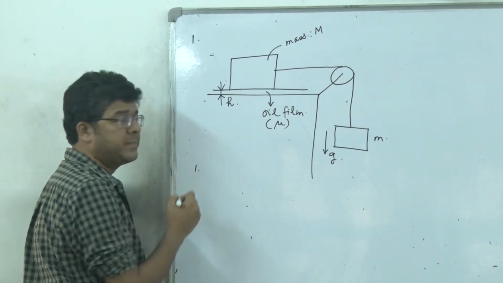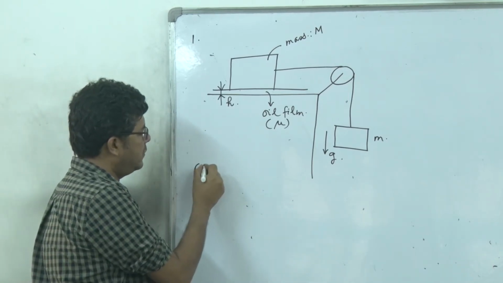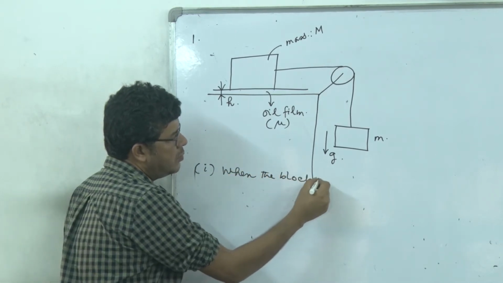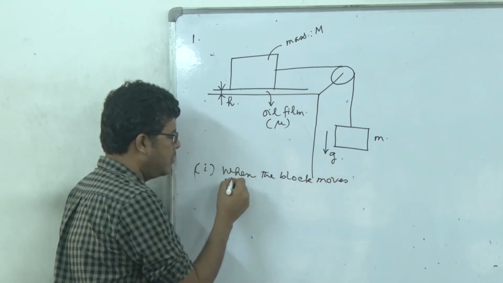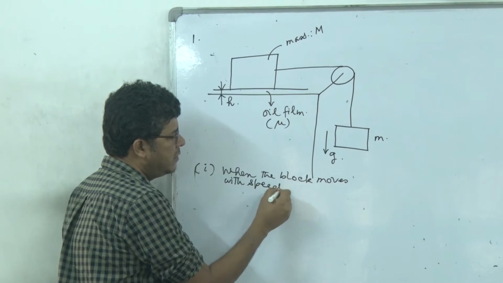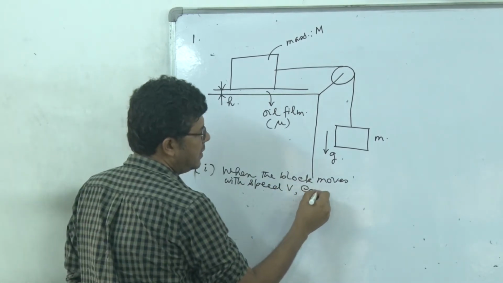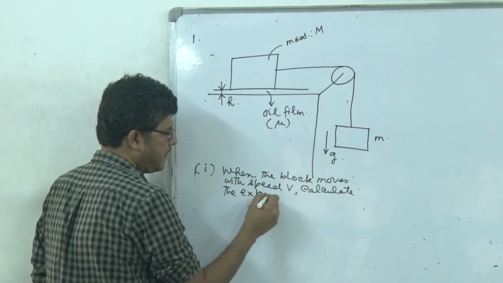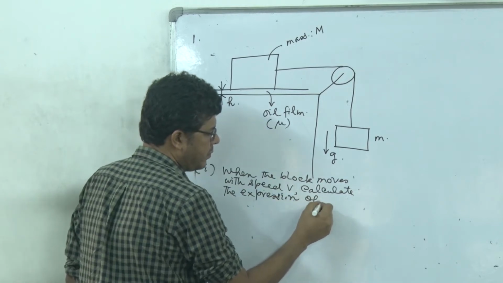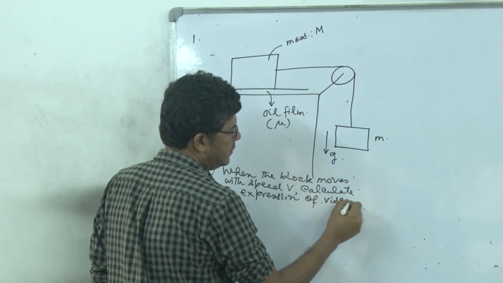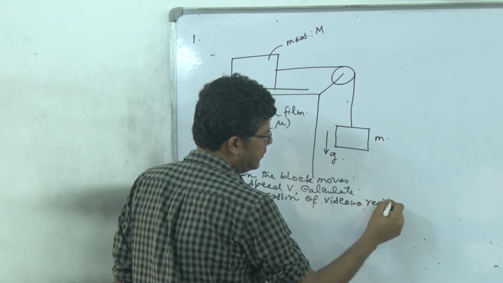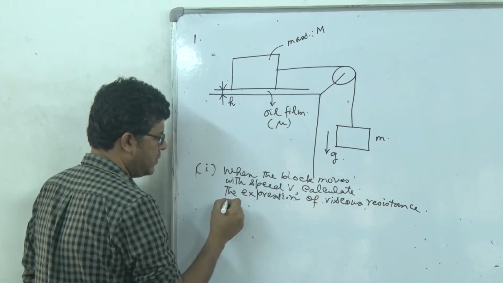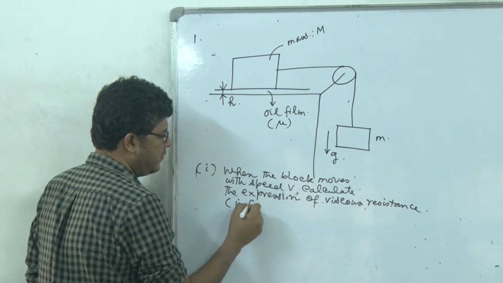Now the first question: when the block moves with speed v, calculate the expression of the viscous resistance force.